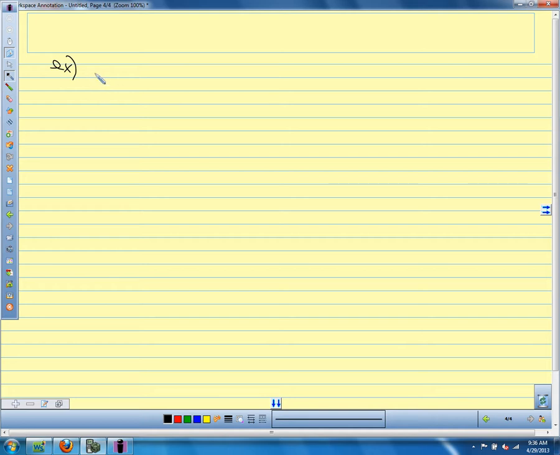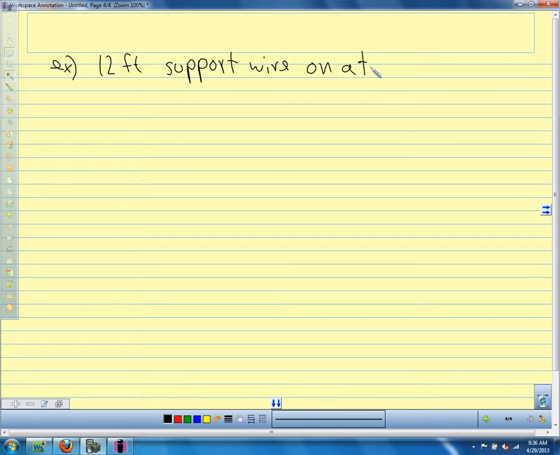So for the first example, we want to put a 12-foot support wire on a tree at a 30-degree angle from the ground.